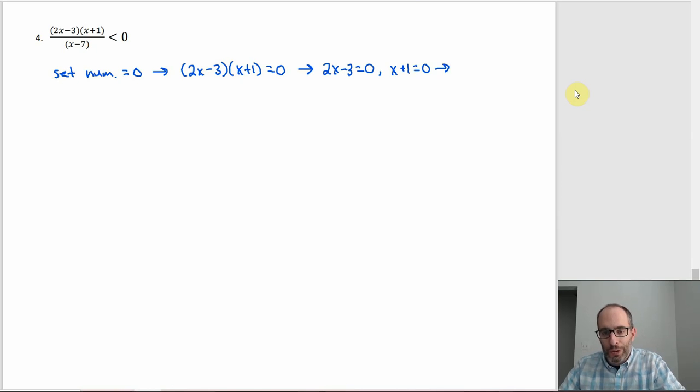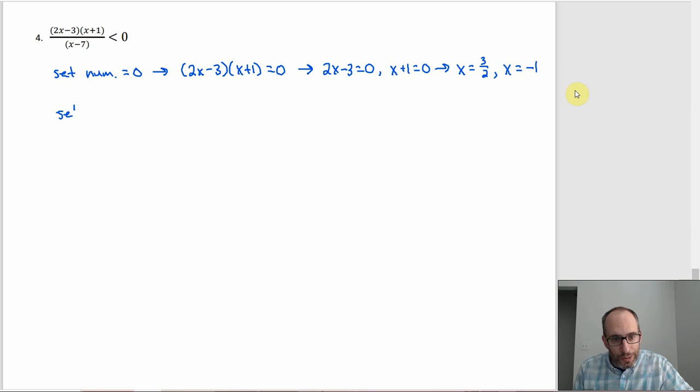If you solve the first one, you'd get that x was 3 halves. And if you solve the second one, you'll get that x is negative 1. So we're going to need those. And then we're going to set the denominator equal to 0. So then we're going to have x minus 7 equals 0, but that just means that x equals 7.